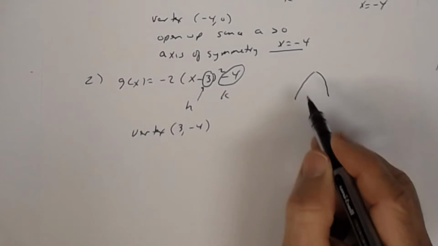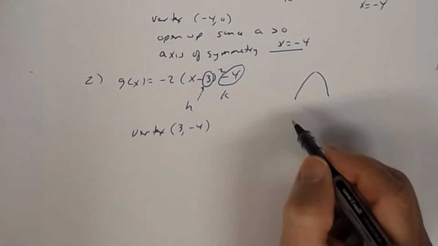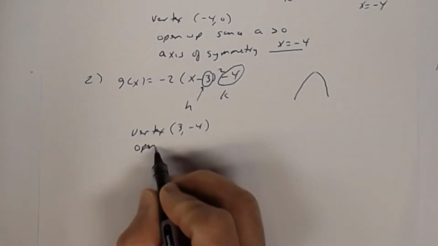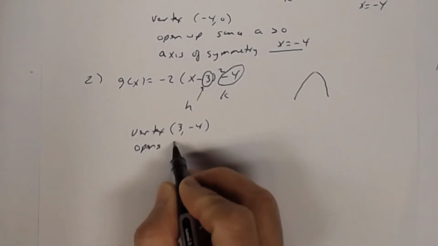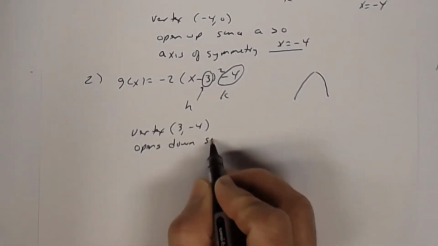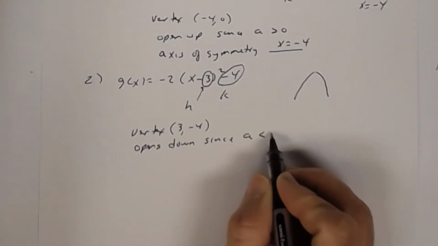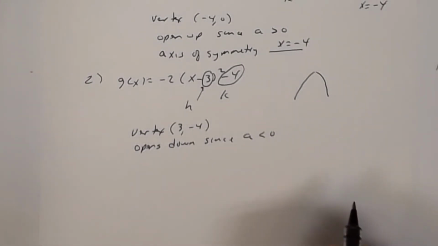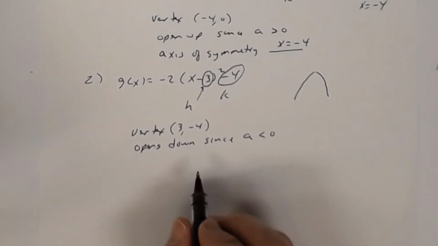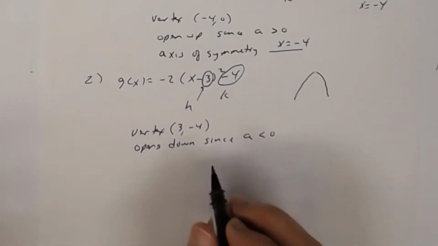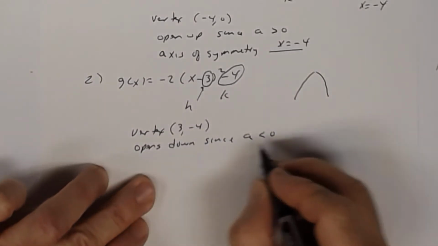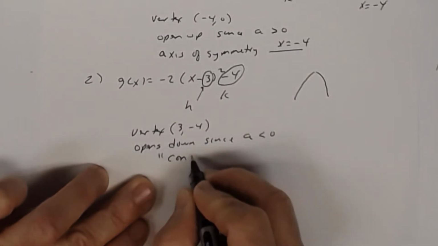Does it open up or does it open down? We know it opens down since a is negative. Now sometimes you'll see the phrase concave down.